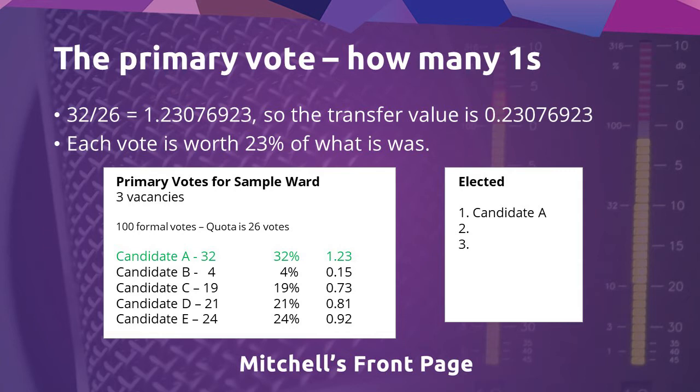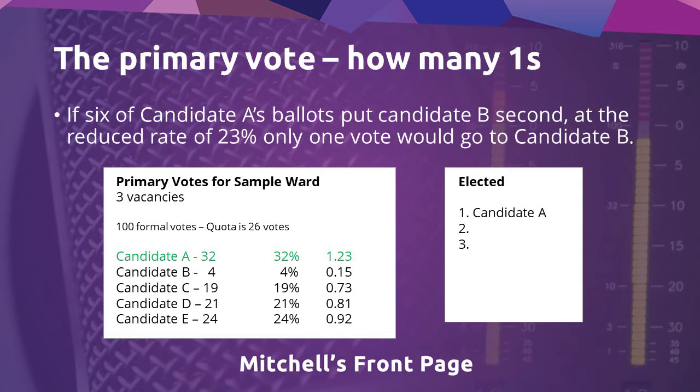So the transfer value there is 0.23. So each vote essentially for candidate A, when we transfer it on, is only worth 23% of what it once was. So hypothetically, if let's say 6 of the ballots that went to candidate A had candidate B as second, when we take that reduced rate of 23%, that only means that 1 vote would move over to candidate B.